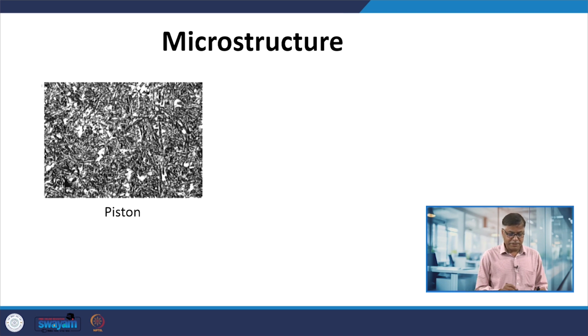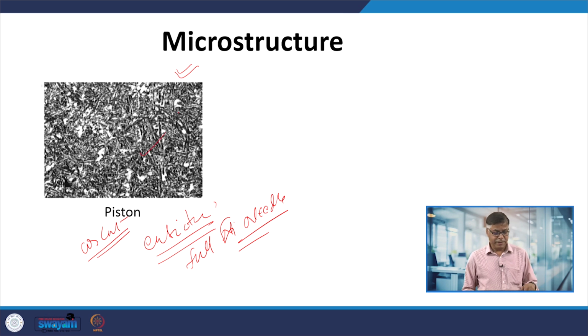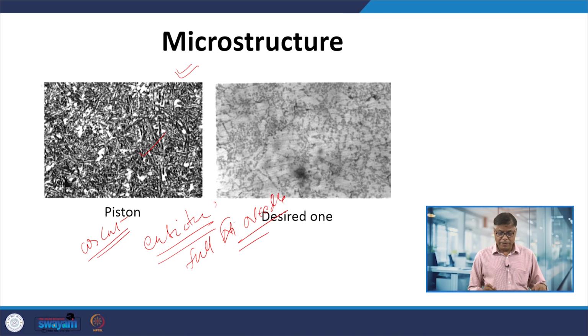The piston material primarily showed the eutectic alloy composition, full of silicon needles. This is a typical feature of as-cast alloy behavior: an as-cast aluminum silicon alloy of eutectic composition shows this kind of microstructure.